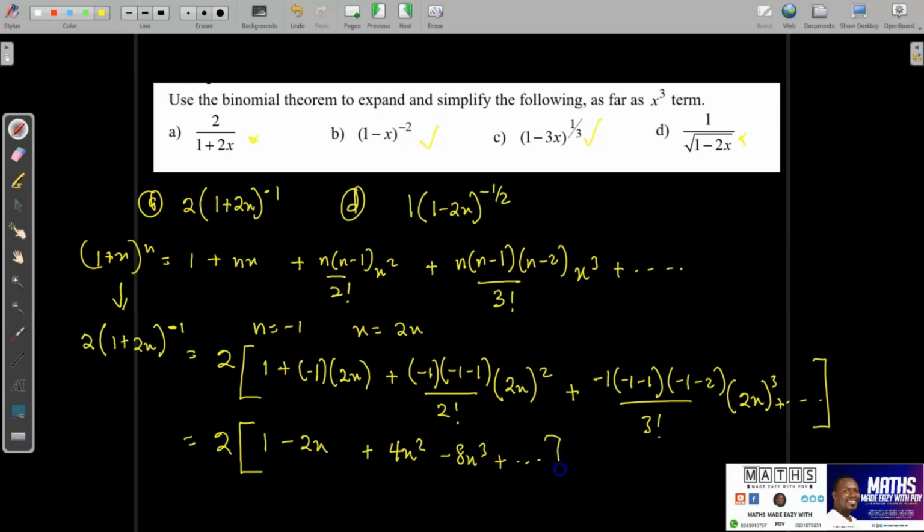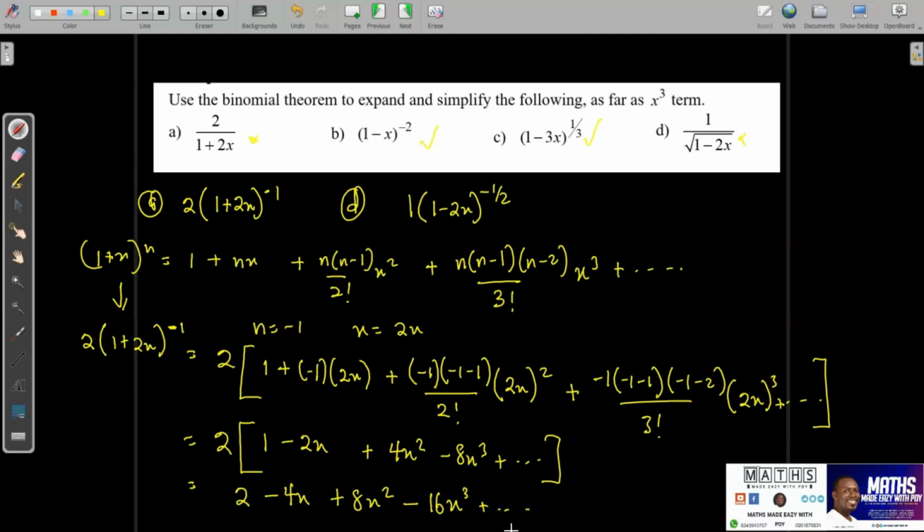So now we can expand the 2 through. Expanding the 2 through, it is 2 times 1, which is giving us 2. 2 times -2x will give us -4x. 2 multiplying that will give us plus 8x squared. 2 multiplying that will get what? -16x cubed.